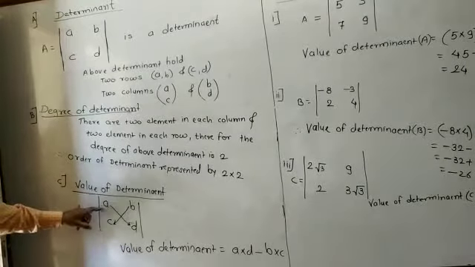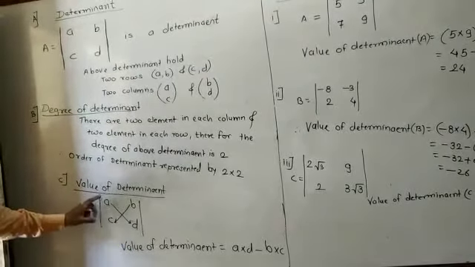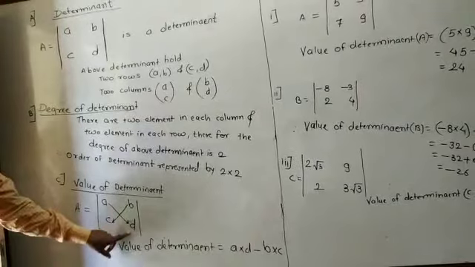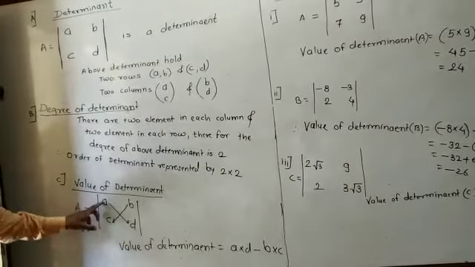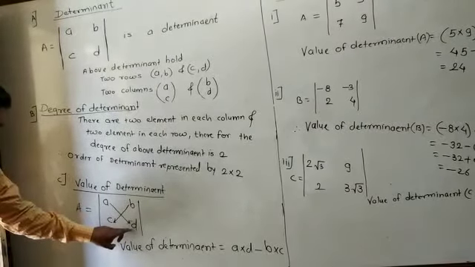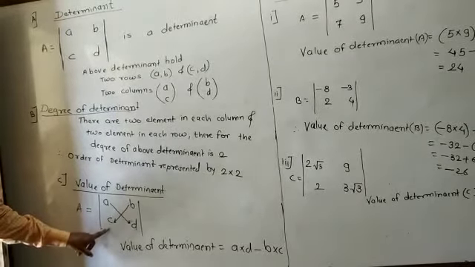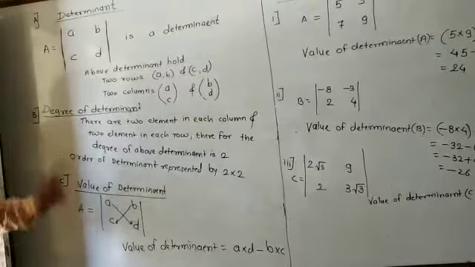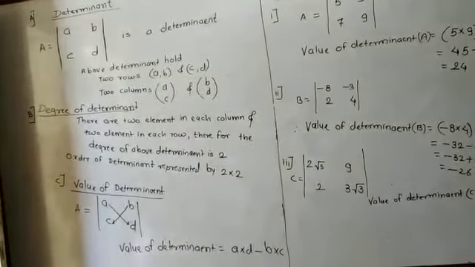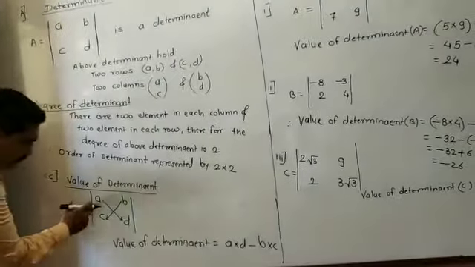You have to draw the arrows pointing downside in cross. From A, this arrow is pointing downside towards D, and from B, the arrow is pointing downside towards C. And after that, to find out the value of the determinant, you have to do the product of this.